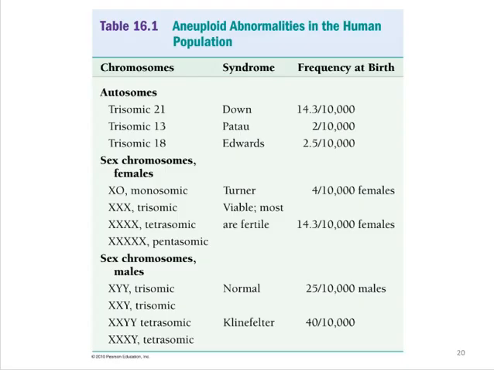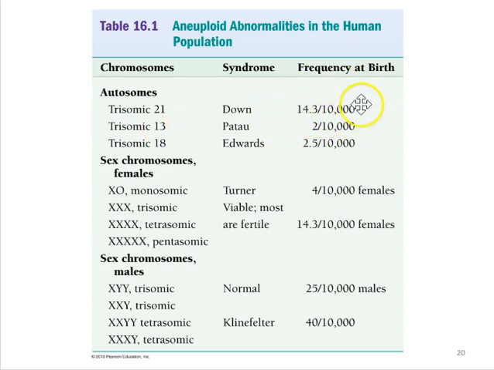This table shows a number of aneuploid conditions that are very well tolerated in the human population, or at least tolerated to varying degrees. Perhaps most famously, or best known, is aneuploidy of chromosome number 21, wherein there are three copies of chromosome 21, and that condition is referred to as Down syndrome.